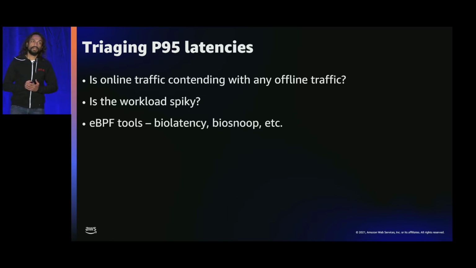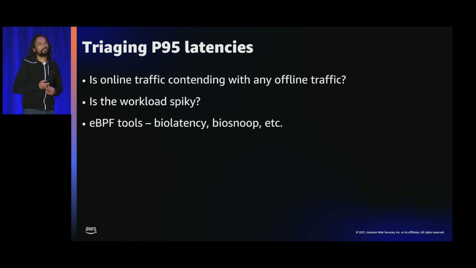If your read peaks and write peaks overlap with each other, and if you cannot do anything, then you have to scale your clusters to match that load. If you can work with application teams and offset these peaks, then you can save some resources, so both workloads can go in at different times without overwhelming the disk.